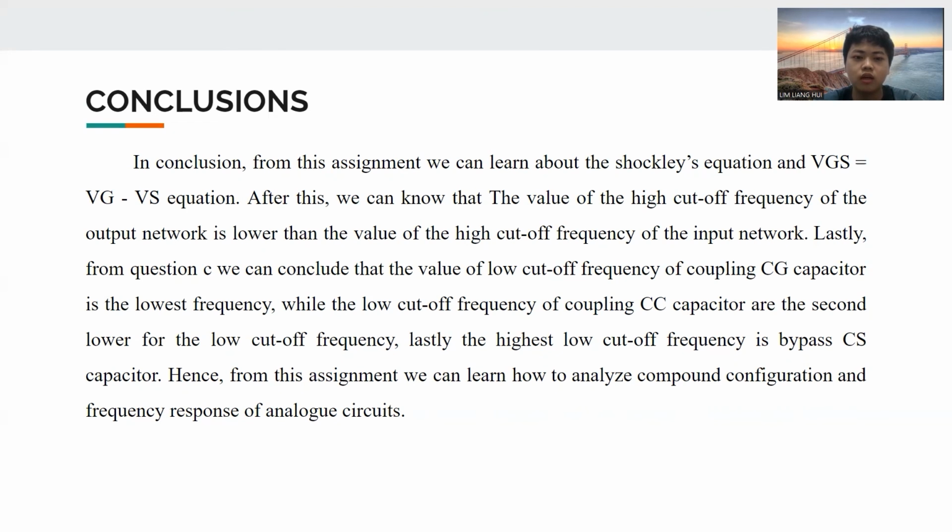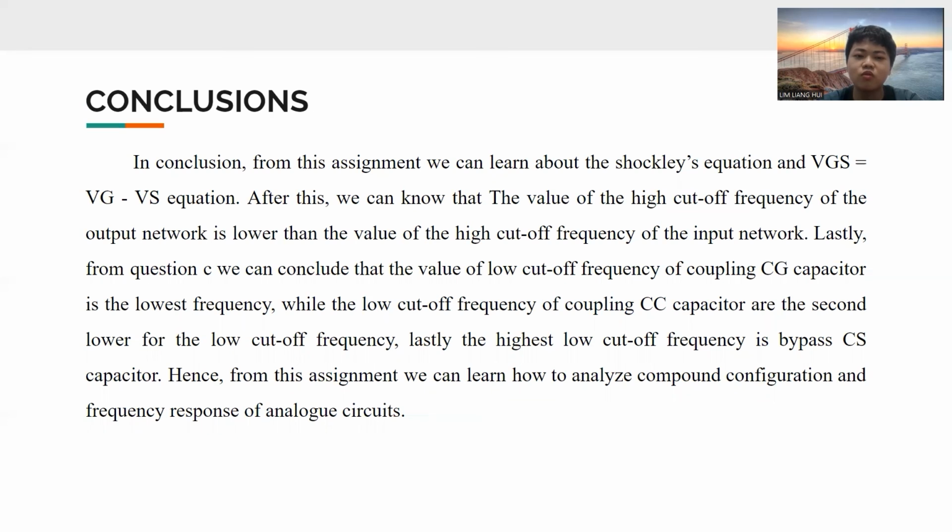In conclusion, from this assignment, we can learn about the Shockley equation and the VGS equals VG minus VS equation. We can know that the value of the high cutoff frequency of the output network is higher than the value of the high cutoff frequency of the input network.